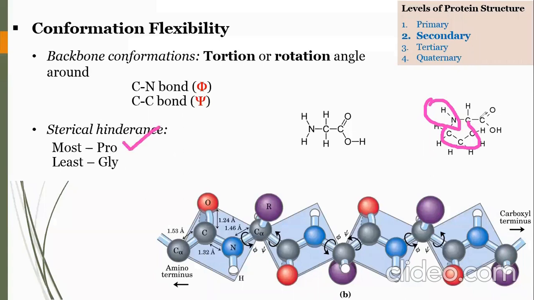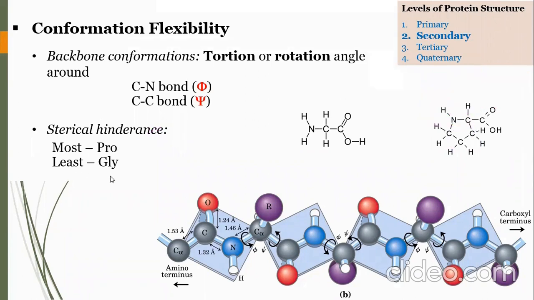Its properties will be different, because a normal amino acid has a chiral carbon with a carboxyl group here, a hydrogen here, an alkyl group here, and an amino group here. But in this case, the amino group is bound together with the alkyl group, and therefore proline is different from other amino acids.